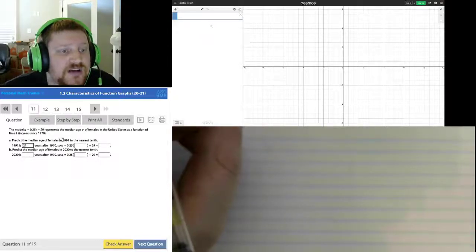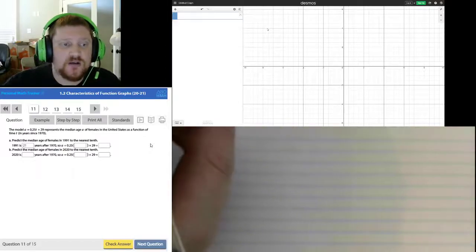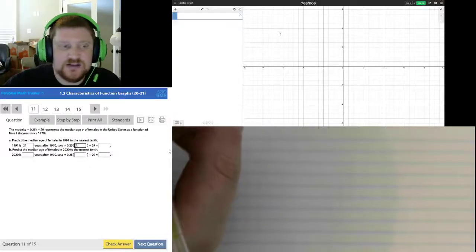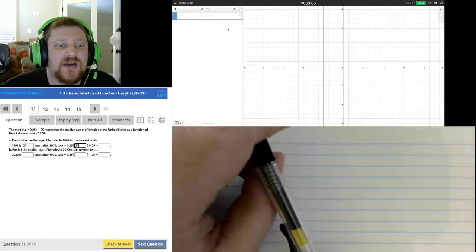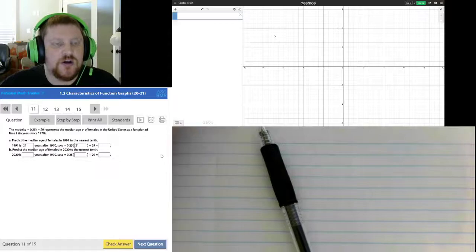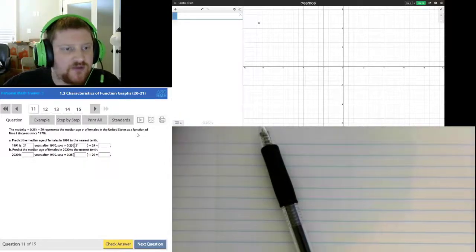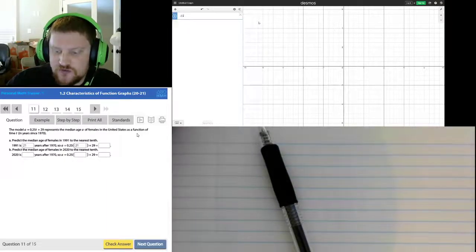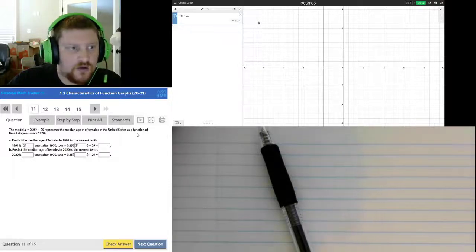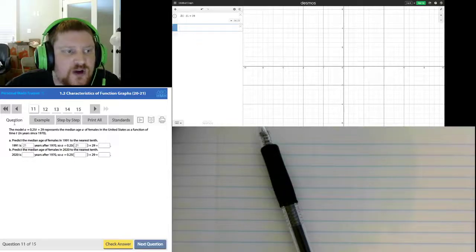So if we're going to predict the median age of females in 1991, we're going to need to plug 21 into this equation. So 0.25 times 21, and then we're going to add 29. Well, in order to do that, let's just do it the easy way. So we have 0.25 times 21 plus 29. I get 34.25.